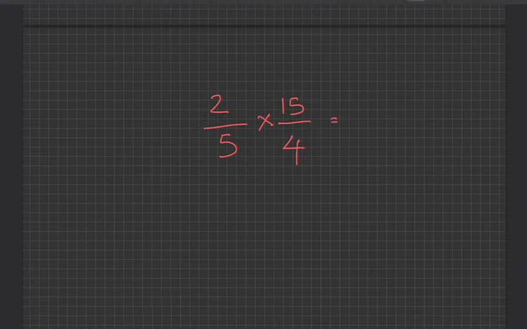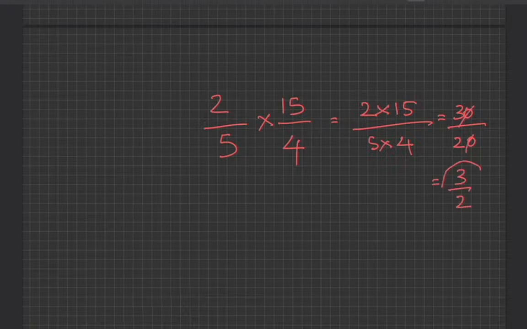You can see the way I write it. So we multiply the numerator, 2 times 15 by 5 times 4. We multiply the numerator, we multiply the denominator. So if I have to do this, then I would just do 30 by 20, and it cancels out 3 and 0 and 0. So it is 3 by 2.